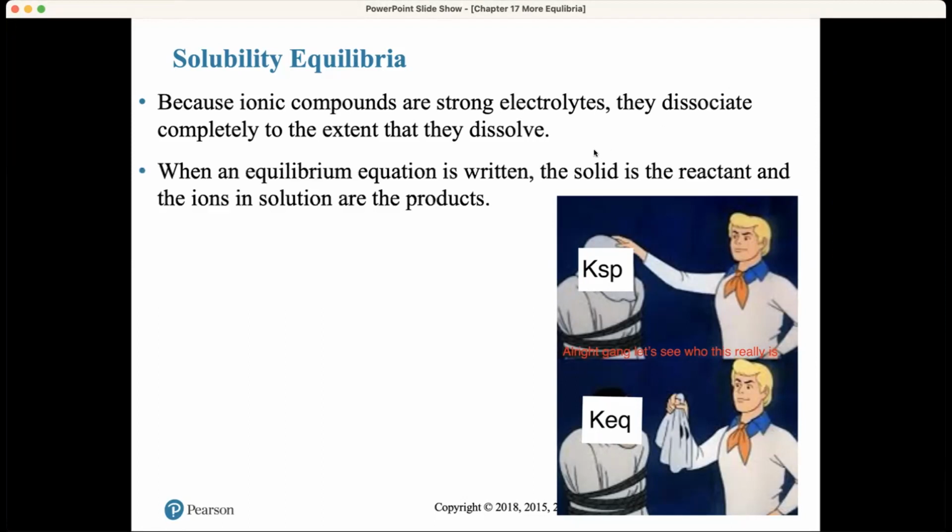So when we write the solubility equilibria, we're basically going to have a solid compound dissolving into its ions.